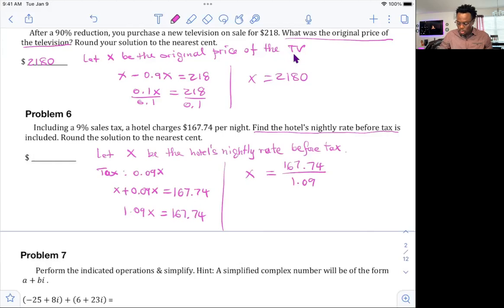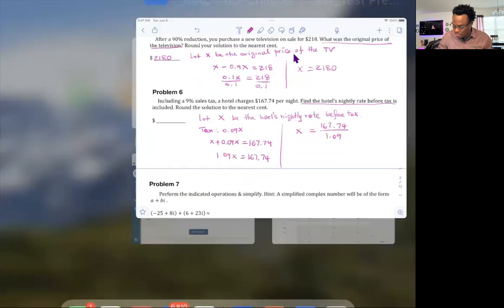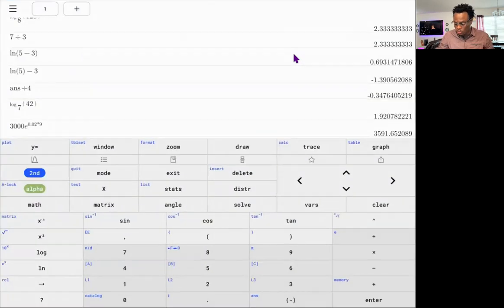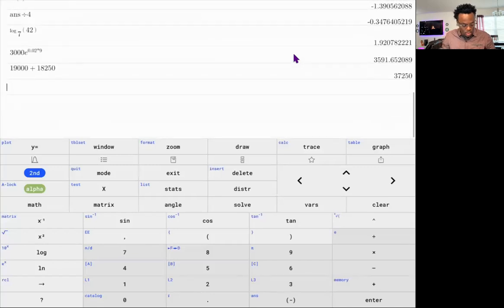Let me show you that on the screen, so you see how I'm going to round it. That is 167.74 divided by 1.09.